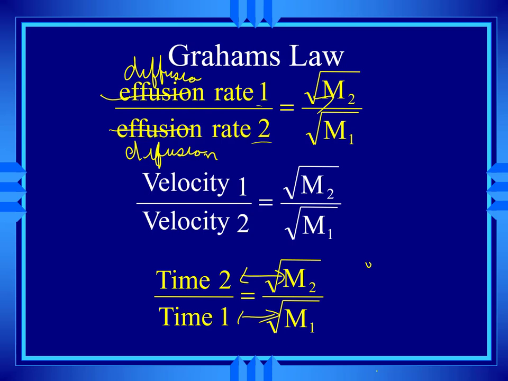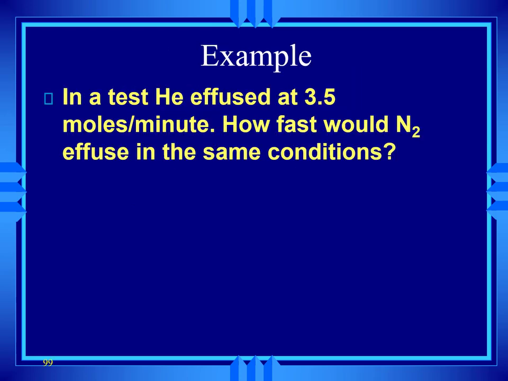So let's try a few examples. These are the last 3 on your examples questions. So in a test, they let helium effuse and it came out at 3.5 moles per minute. How fast would nitrogen effuse in the same conditions? So they gave me a rate. So I'm going to want to have the equation with rates.